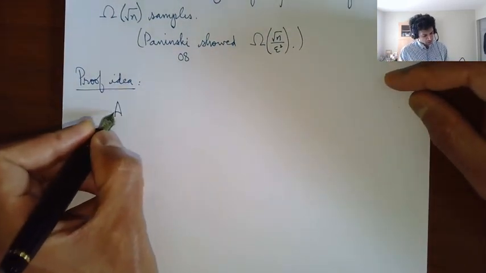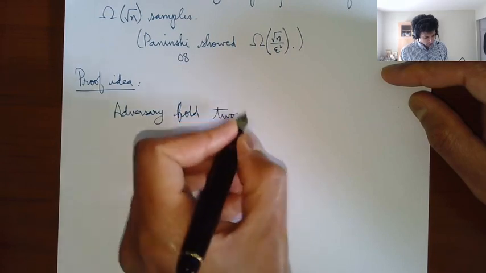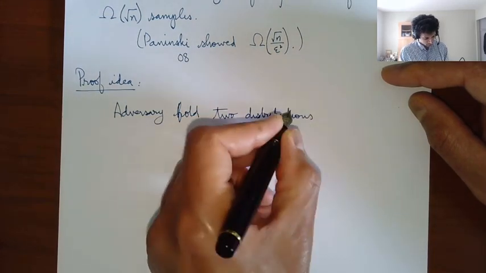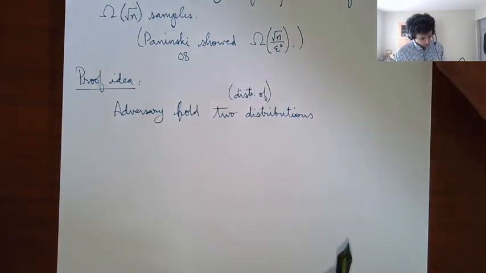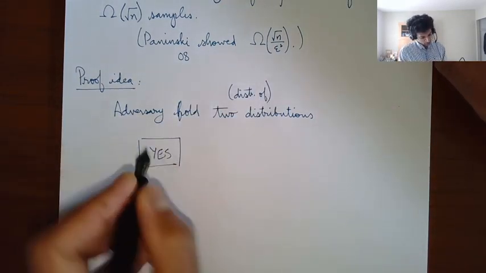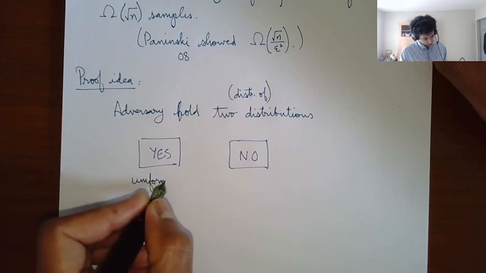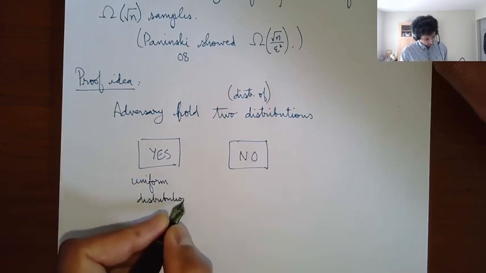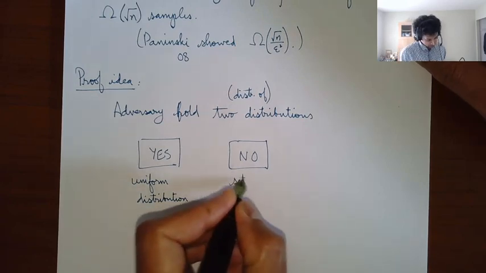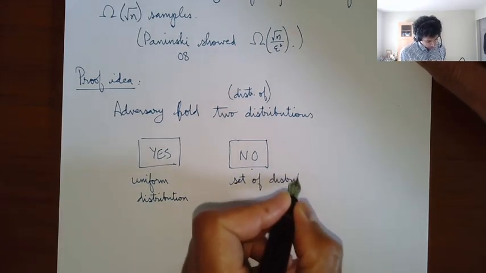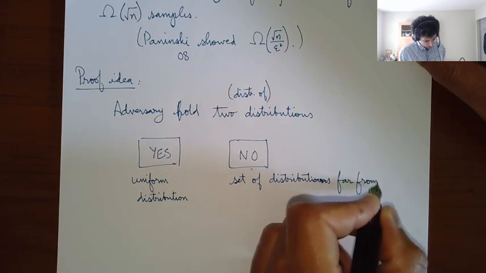So think of an adversary who holds two distributions, or actually two distributions of distributions, one of which is called yes, one of which is called no. The yes is just the uniform distribution, and the no is, one can think of it as, a set of distributions far from uniform.